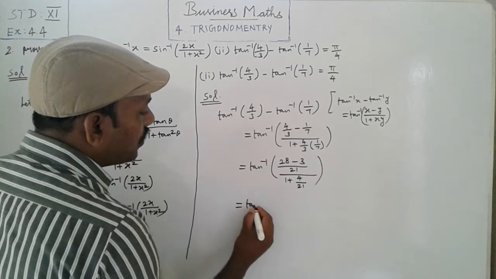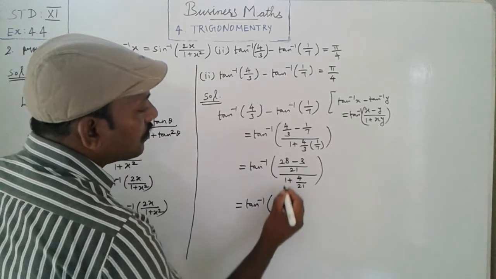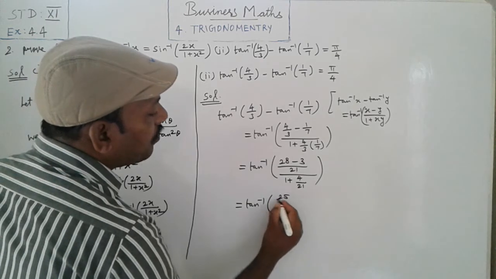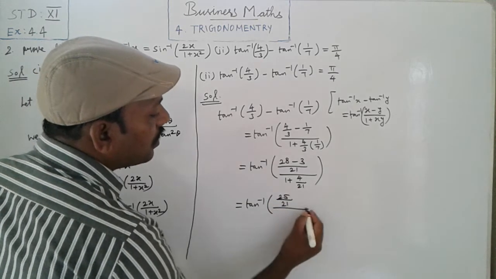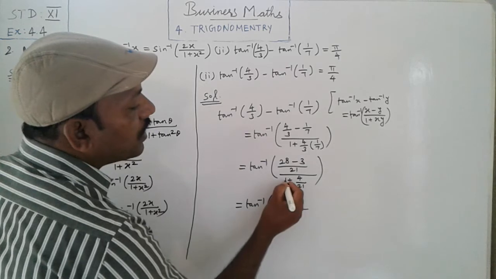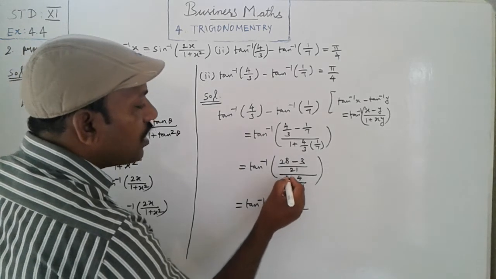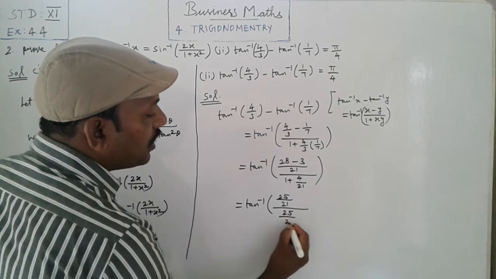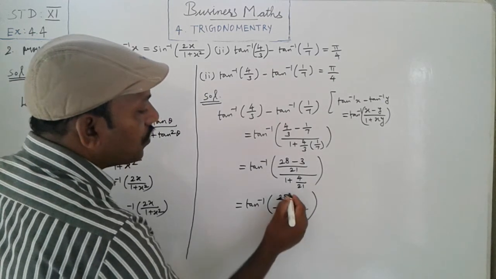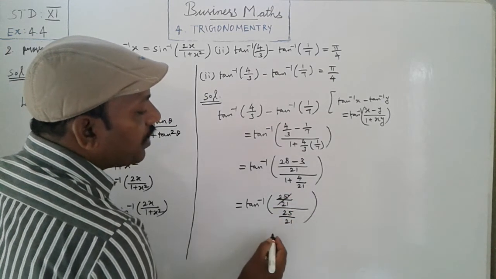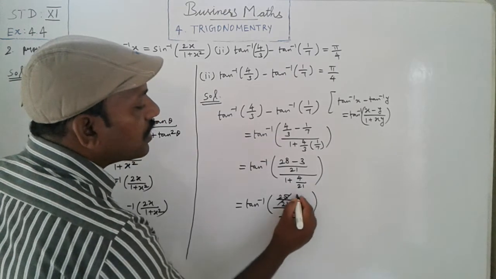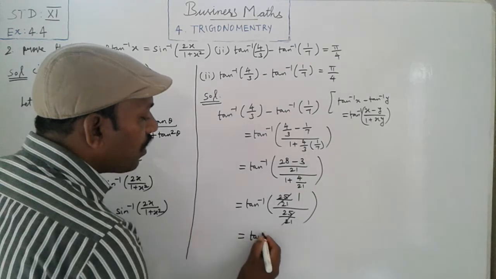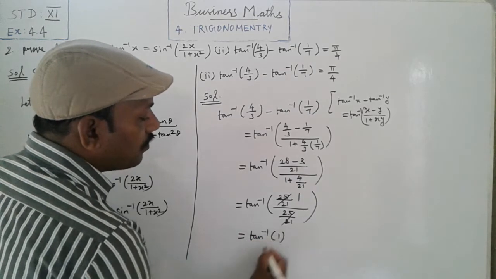Equal to tan inverse 28 minus 3 is 25 divided by 21, whole divided by 21 into 1 is 21, 21 plus 4 is 25 divided by 21. So 25 divided by 21 cancels one time. So that is equal to tan inverse of 1.